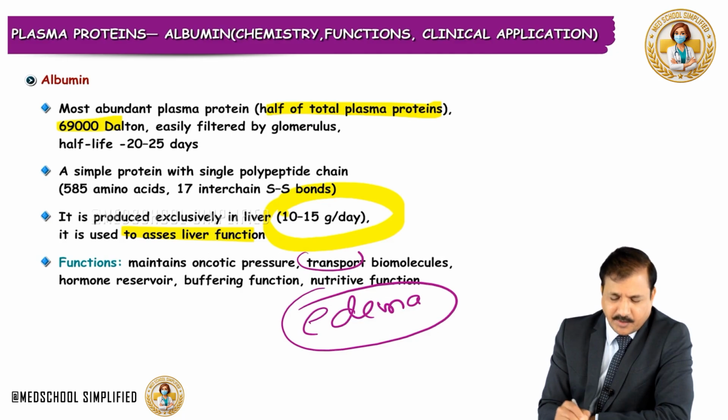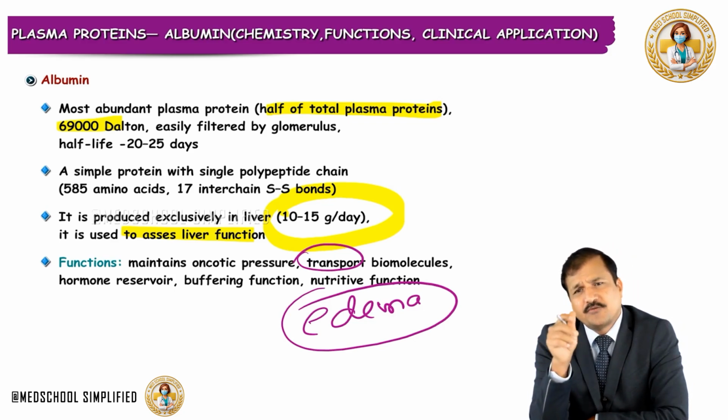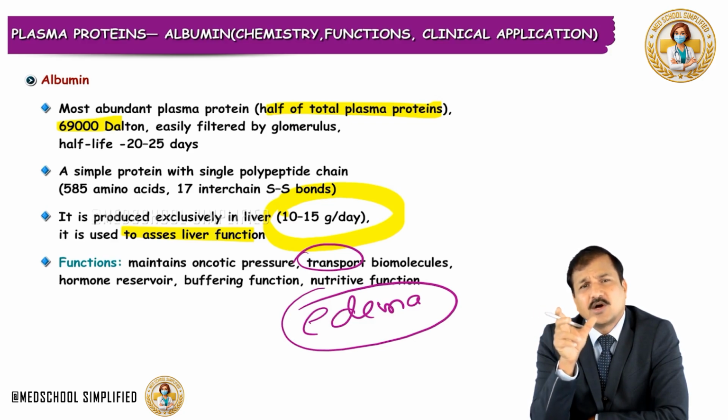Albumin is one of the important transporters of a variety of molecules in the blood. Albumin is involved in transport of 40% of plasma calcium. It is involved in the transport of water-insoluble unconjugated bilirubin. It transports steroid hormones, free fatty acids, and many non-polar drugs in the plasma.